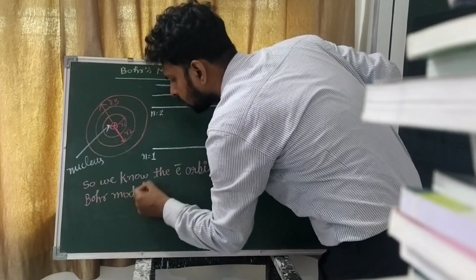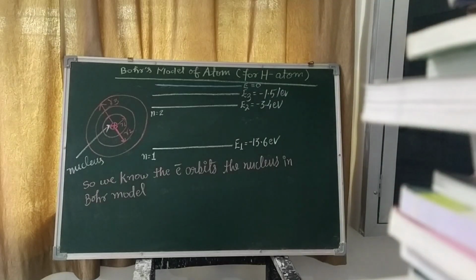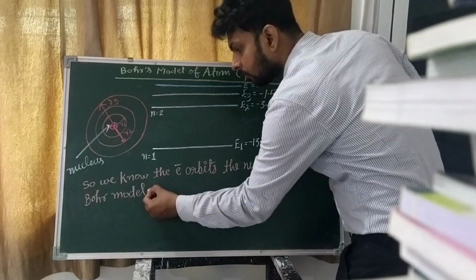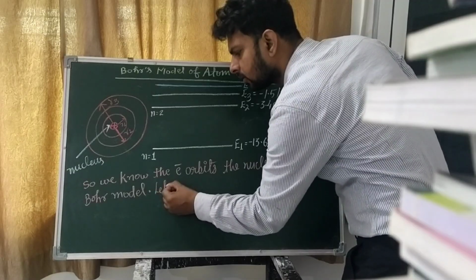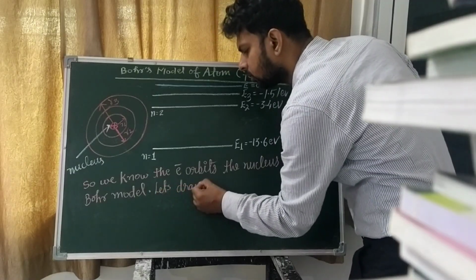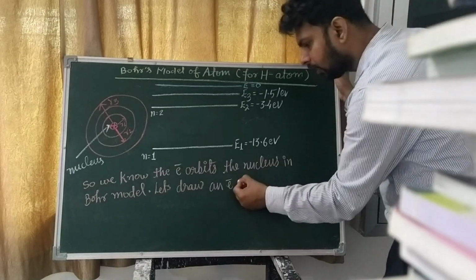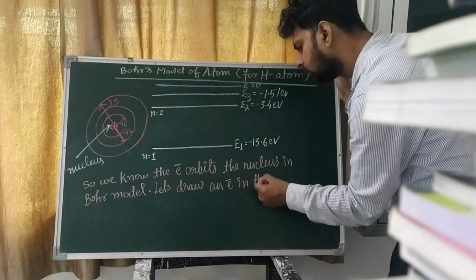Okay, in Bohr model, electron will orbit the nucleus. Let's draw an electron. Let's draw an electron in the first orbit.